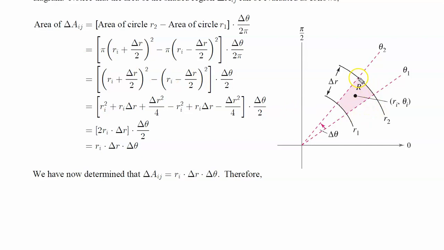Now, to find the area of just this region right in here, what we do then is take this area and multiply it by delta theta over 2 pi. This is the fractional part that the delta theta is of the entire circle going all the way around. For example, if delta theta were pi over 2, then this pink shaded region would extend like this.